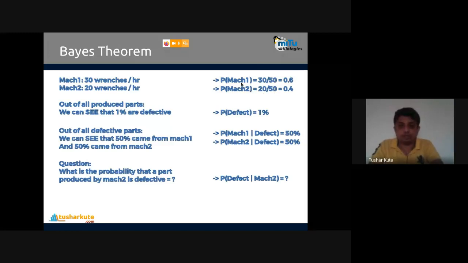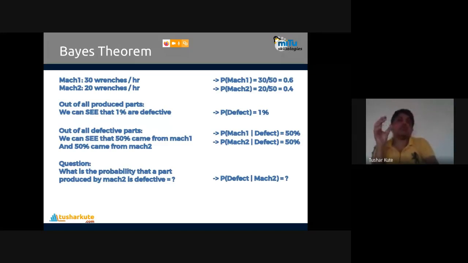So 60% probability from machine 1 and 40% probability from machine 2. That's it, the basic probability we identified: P of machine 1 and P of machine 2. Done? Now, go to the second step.